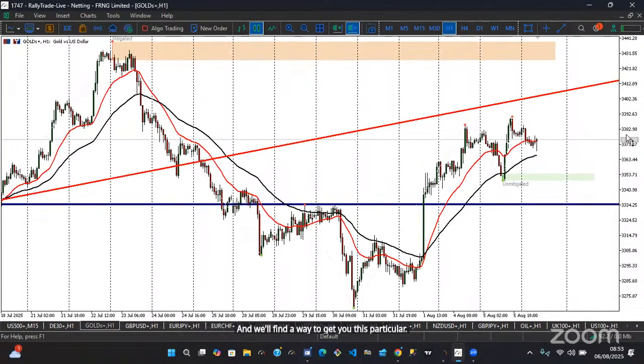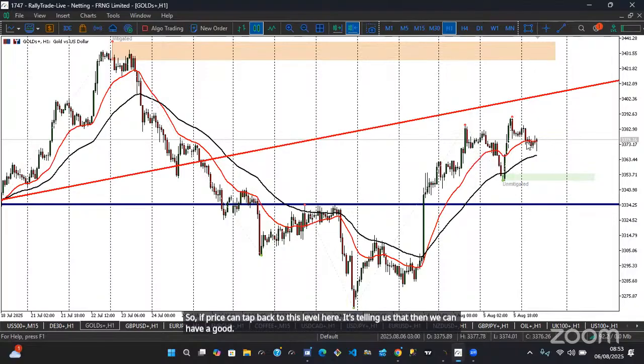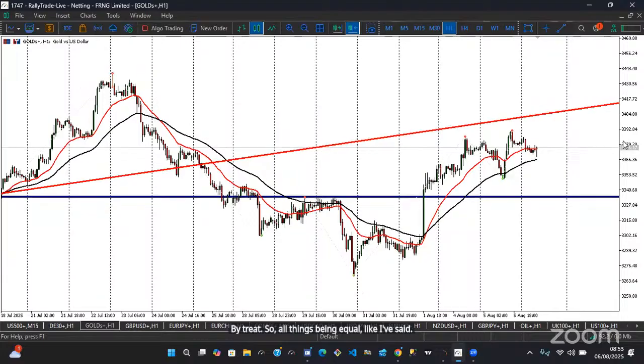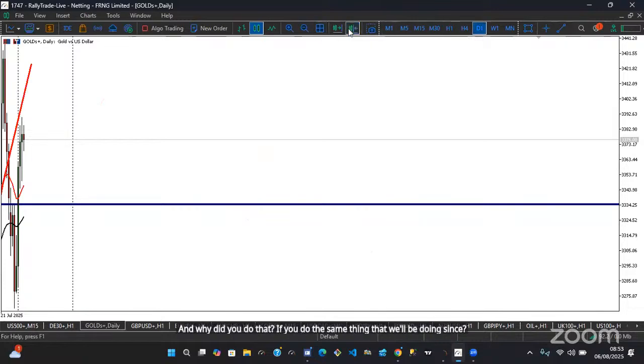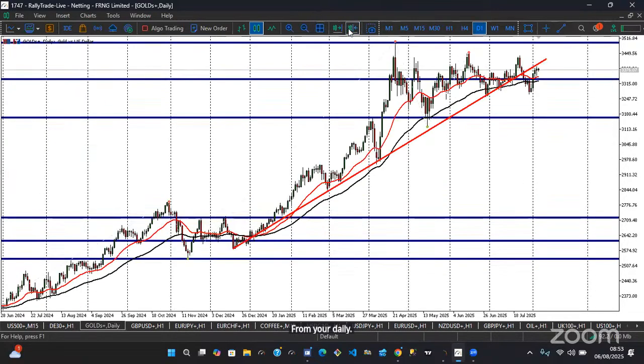All right. So if price can tap back to this level here, it's telling us that we can have a good buy trade. All things being equal, like I've said, the moment NFP pushed price to the upside, why did it do that? If you do the same thing that we've been doing since, from your daily, this was a very significant point of interest where price retraced from.